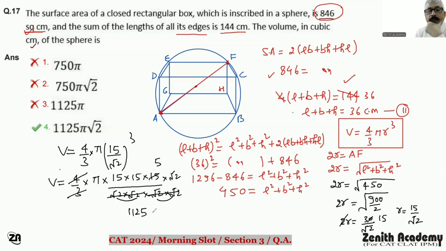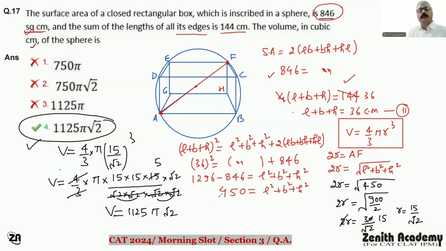This is pi and this is root 2. It means the answer is 1125 pi root 2. So it was a question of mensuration. If you draw this figure, or a little practice in advance from your practice days, can help you a lot. It can be done if you have understood this question properly.